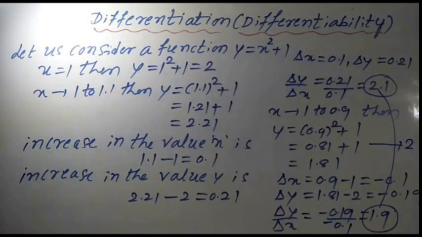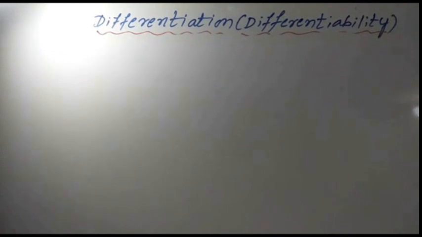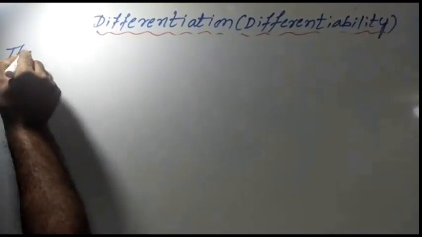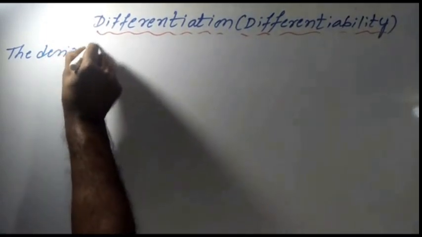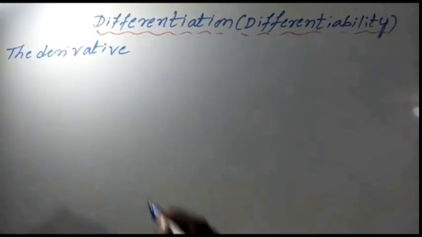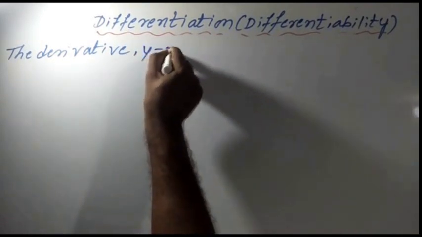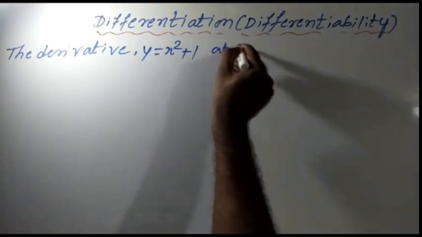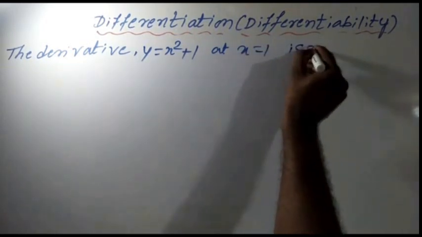This value is called the derivative of the function y is equal to x square plus 1 at point x is equal to 1, which is 2.